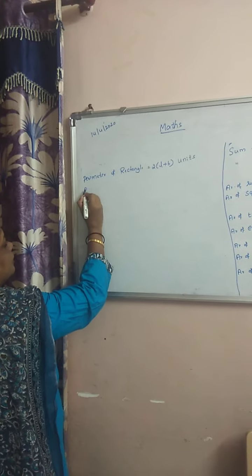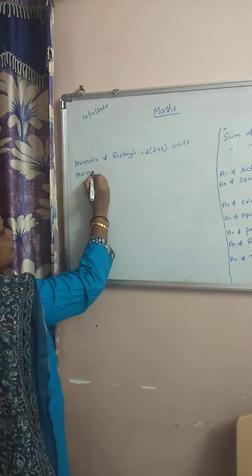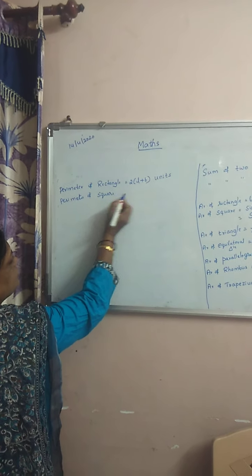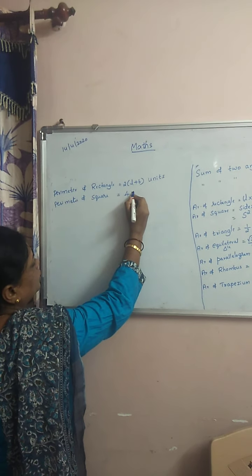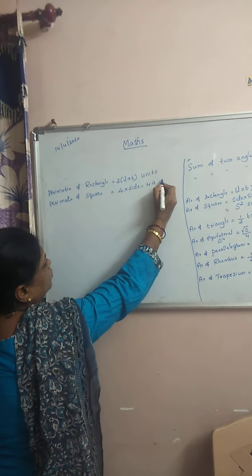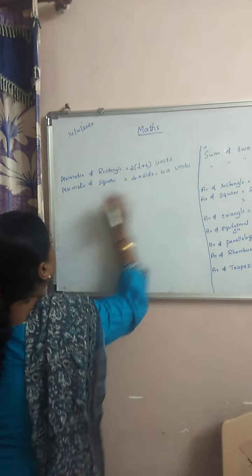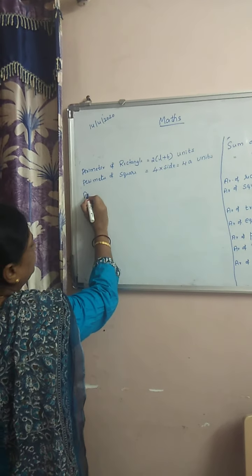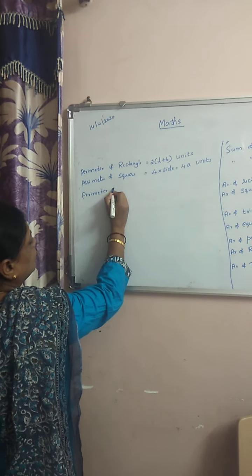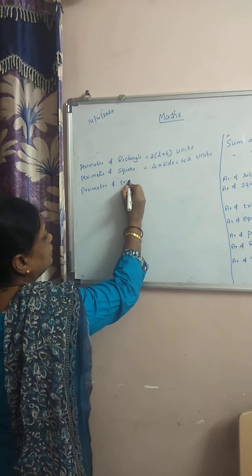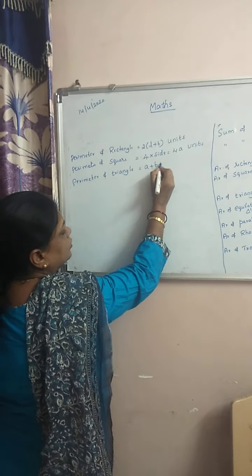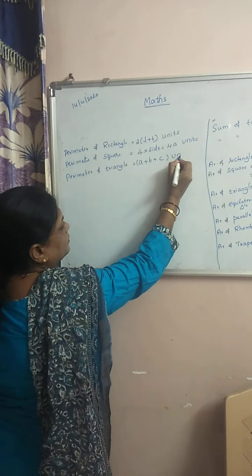Then perimeter of square. What is the perimeter of a square? That is 4 into side. This can be written as 4 into a units. Next comes perimeter of triangle. That is a plus b plus c units.